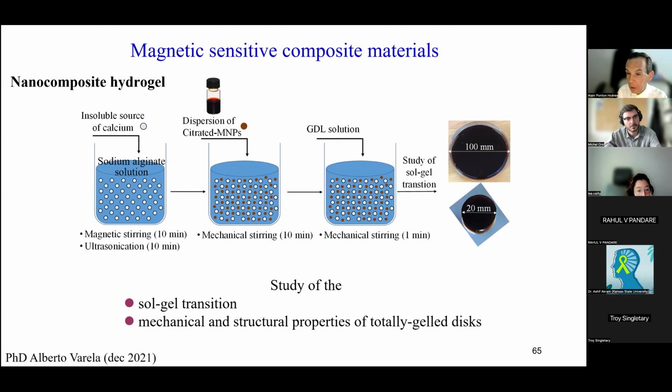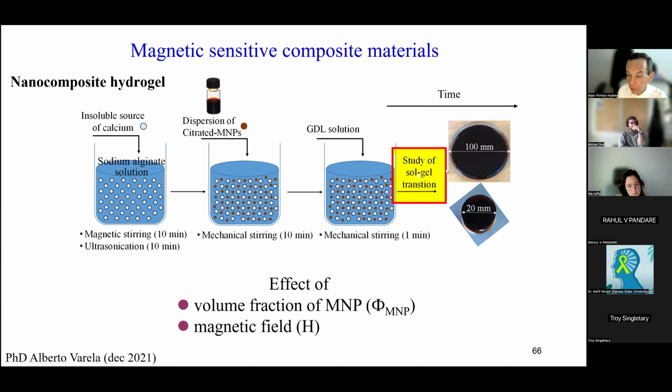And the question is how to study the formation of this composite as a function of time around the sol-gel transition and the mechanical properties of the totally gelled composite. So the first step is how to study the sol-gel transition as a function of the two parameters, the volume fraction of magnetic nanoparticles and the magnetic field.